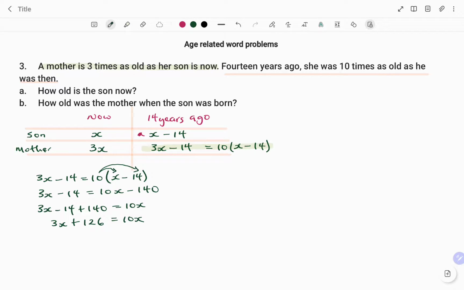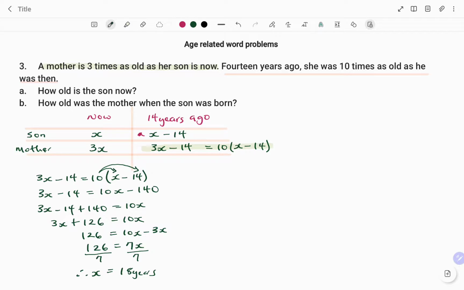The next step, I'm going to move my 3x. I have 126 equals 10x minus 3x, 7x. So dividing both sides by 7, I have x equals 18 years.